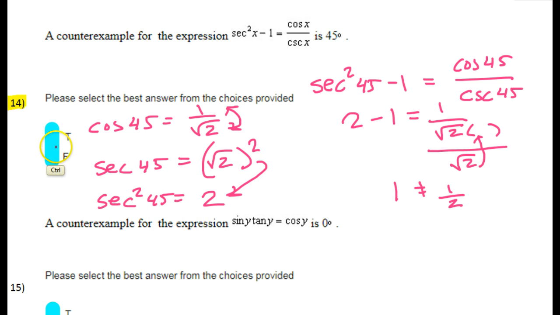It's a little backwards to say that, well, this is false, so therefore this is true, but it is true that 45 is a counterexample because 45 proves that this is a false statement sometimes. And that's what a counterexample is.